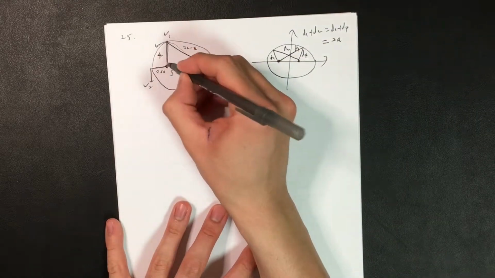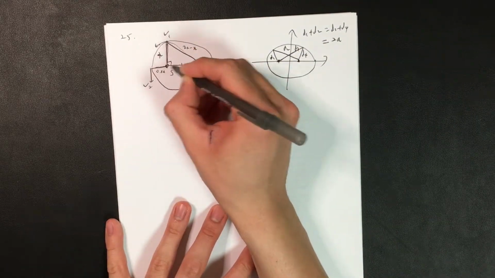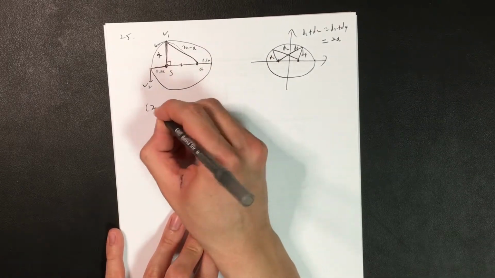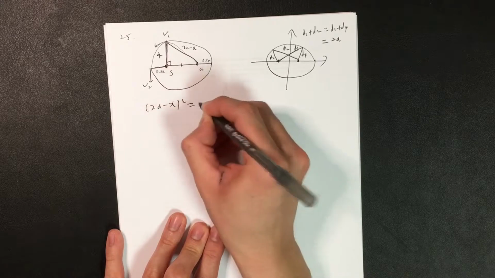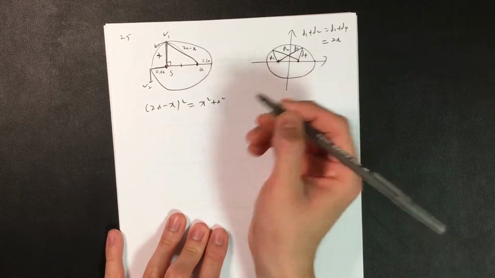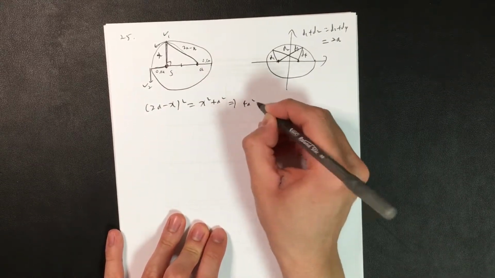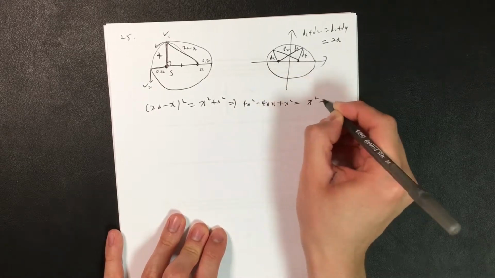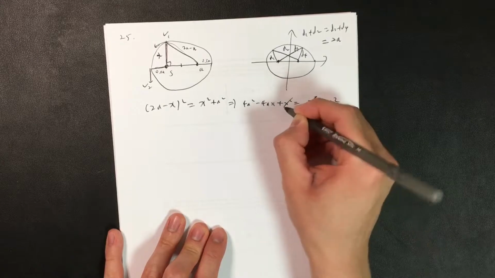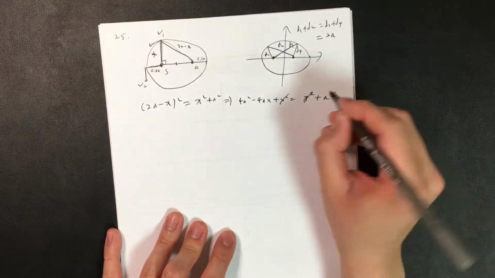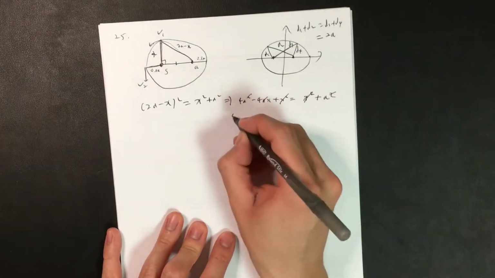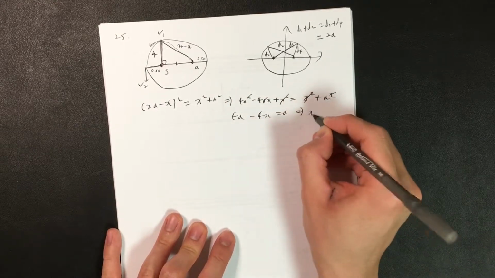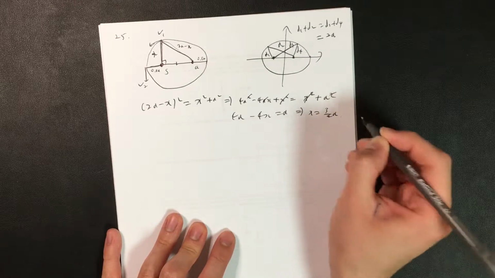And since this is perpendicular along the same major axis, the Pythagorean theorem holds true, so 2a minus x squared must equal x squared plus a squared, which means 4a squared minus 4ax plus x squared equals x squared plus a squared. Canceling off the x squared and dividing each side by a, I get 4a minus 4x equals a, so therefore x equals 3/4 of a.